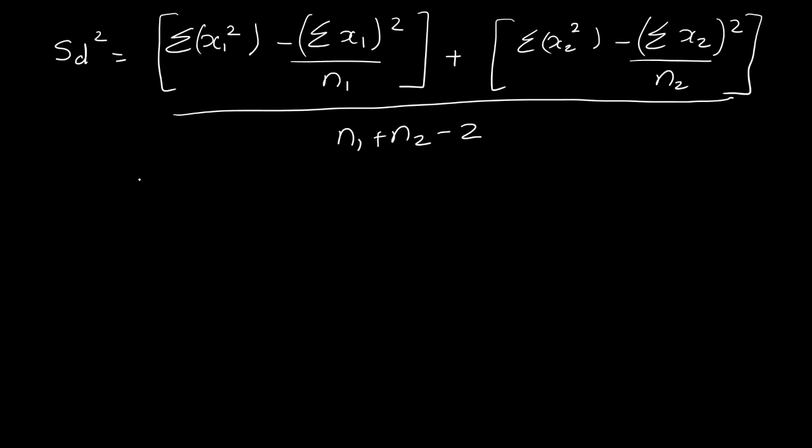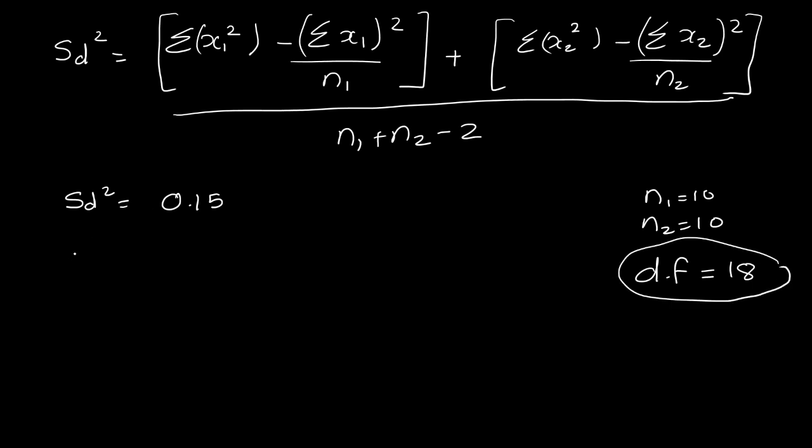Substituting all the values, the pooled variance SD square comes out to be 0.15. Since n1 is 10 and n2 is 10, the degrees of freedom will be 18.